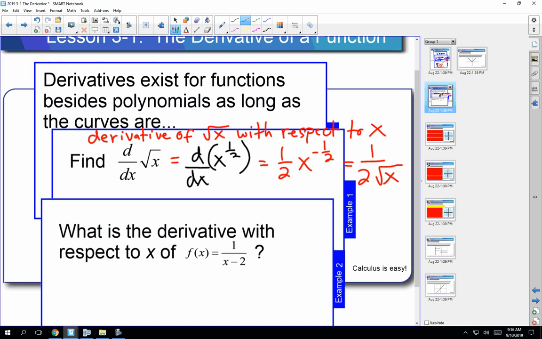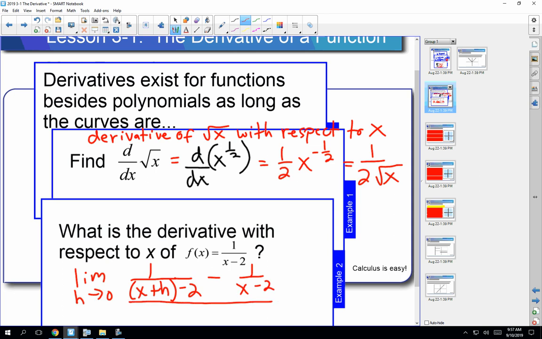The limit as h approaches 0 of 1 over x plus h minus 2, minus 1 over x minus 2, all over h.